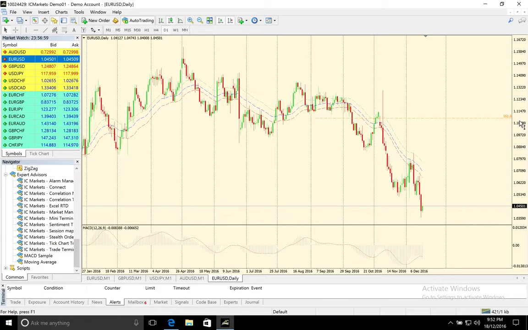On Friday's close, the euro was pulling back a little bit. So I believe that the current strength in the euro is only a pullback, and it will continue to go down.